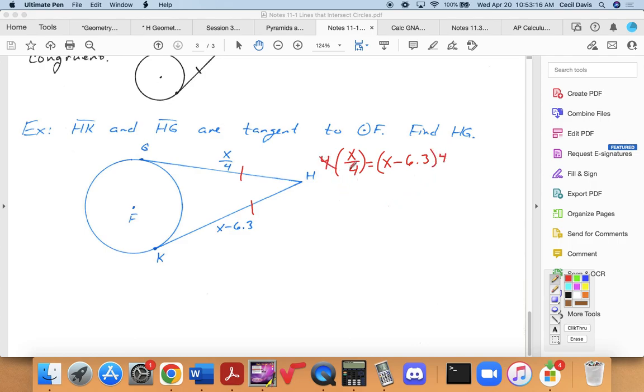So over here the 4s divide out to be 1, so x is equal to 4x minus 25.2. Subtract 4x from both sides, and we get negative 3x is equal to negative 25.2.